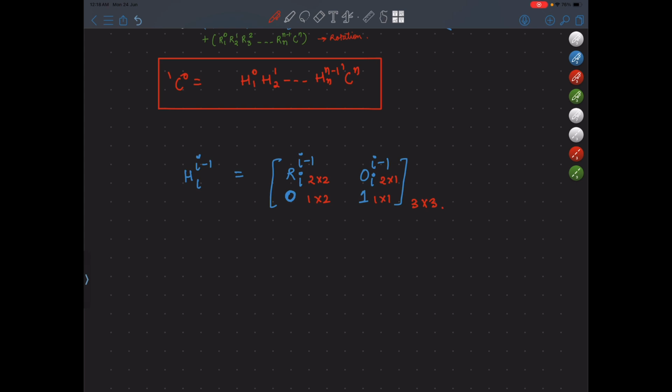Correct. Now let's try to write the homogeneous coordinate. So Ci prime is given by Ci and 1, right? And this is 2 cross 1, and overall this is 3 cross 1.